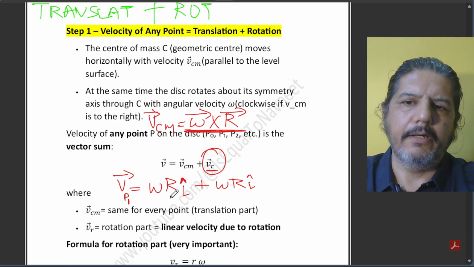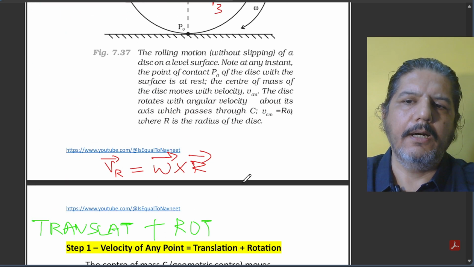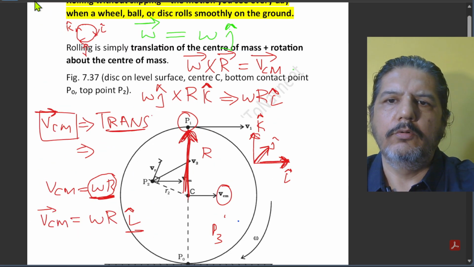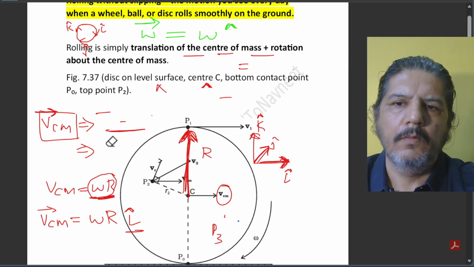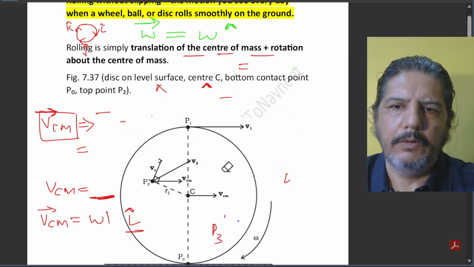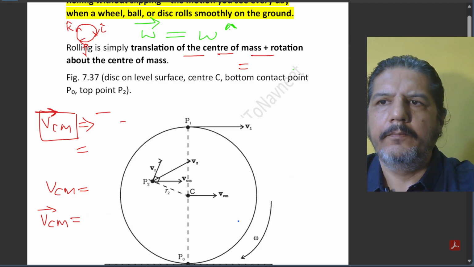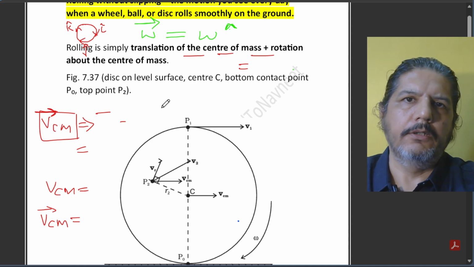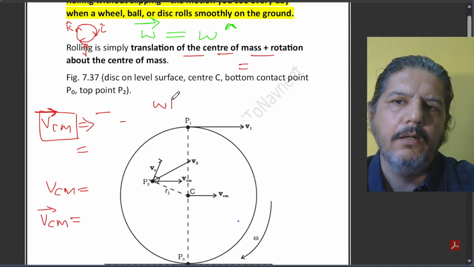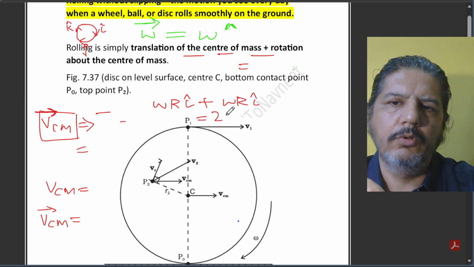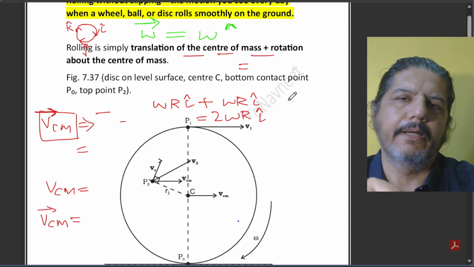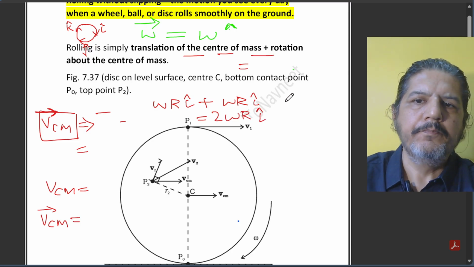So for P1 it will be equal to 2 omega r I. I hope this is making sense. So at P1 the translational part is omega r I plus omega r I, which is equal to 2 omega r I cap.